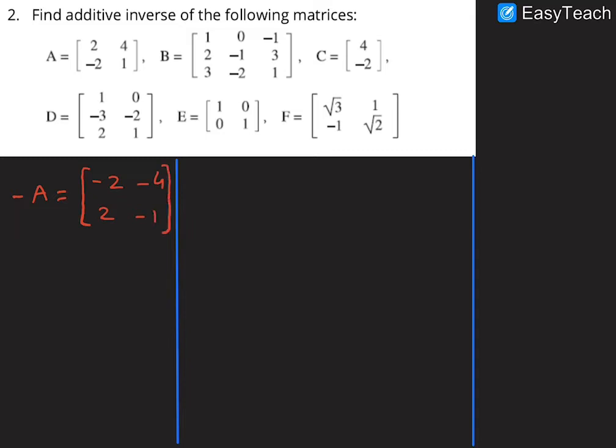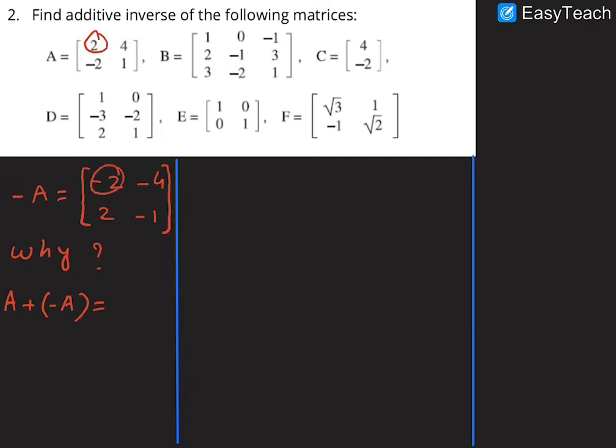So negative A is called the additive inverse of A. Rather, both are additive inverse of each other. A is the additive inverse of minus A and minus A is the additive inverse of A. Why? What is the reason? Because when you add A plus minus A, what you will get?